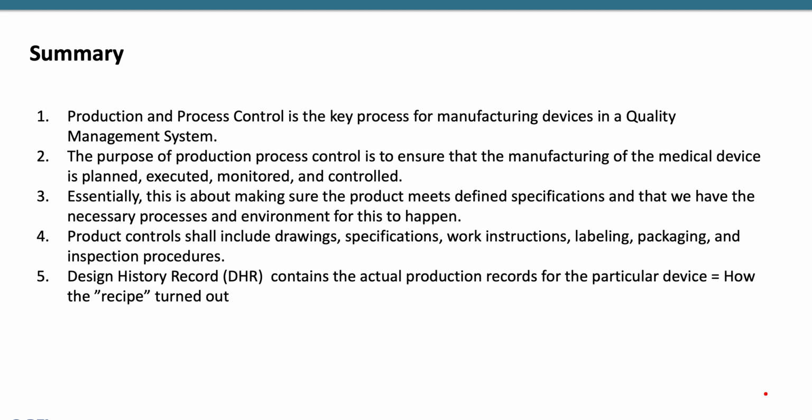The product control repository shall include drawings, specifications, work instructions, labeling, packaging, and inspection procedures. The device history record contains only production records that are specific to this particular device we built. Thank you and see you soon.